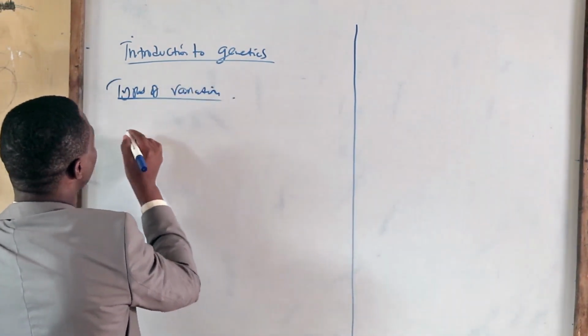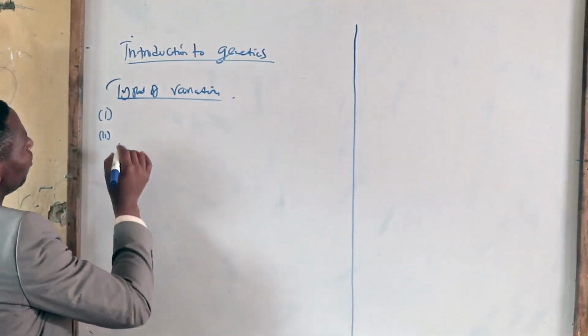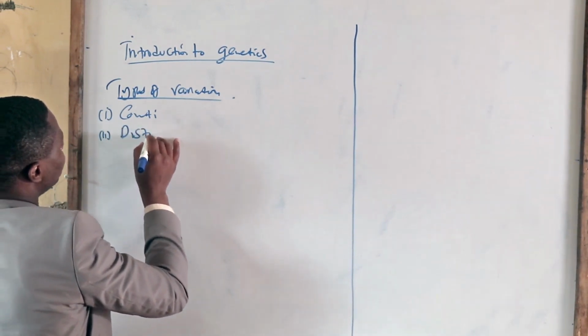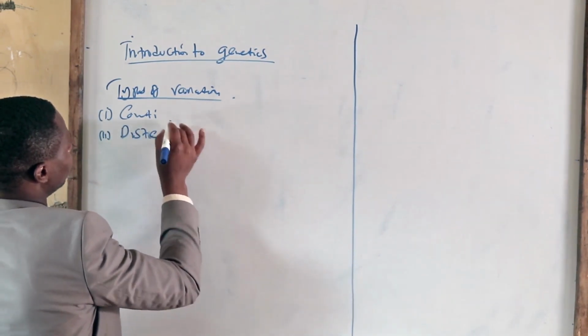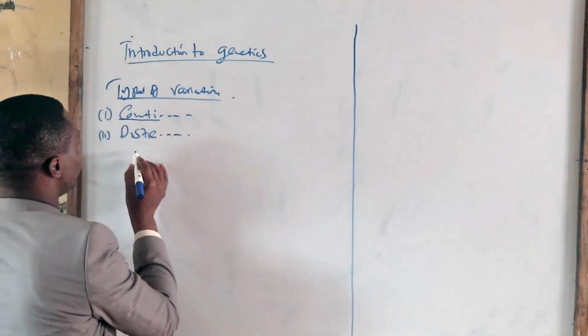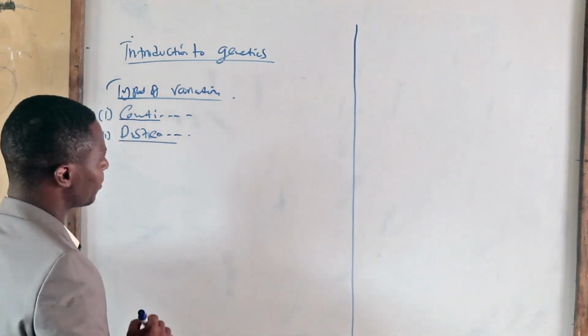There are two types of variation: continuous variation and discontinuous variation. What is the difference between them?